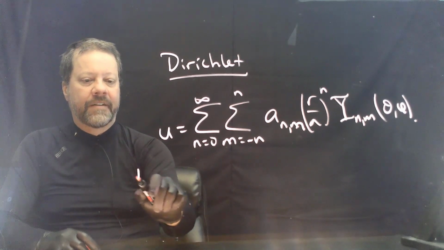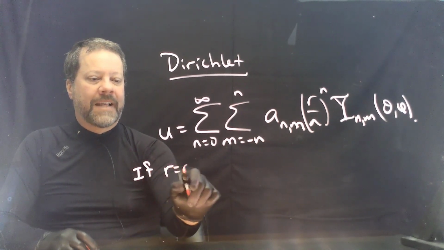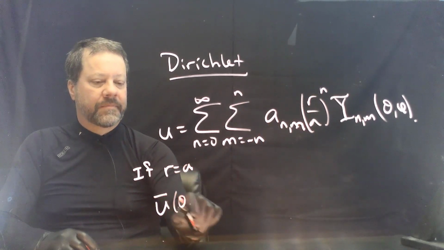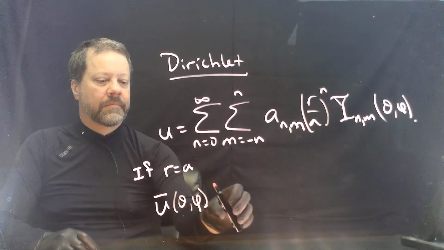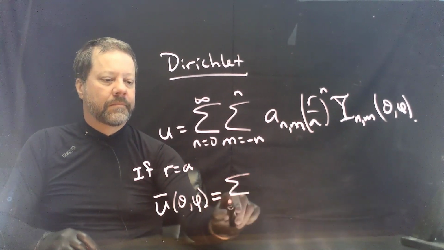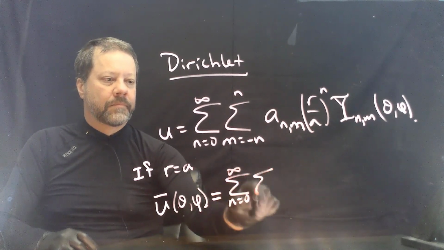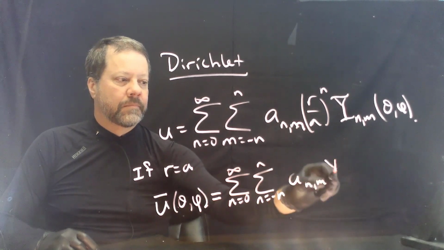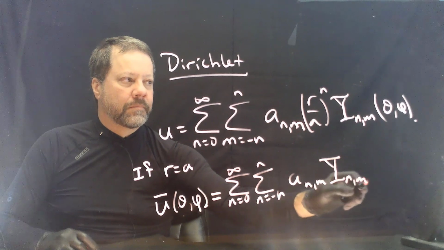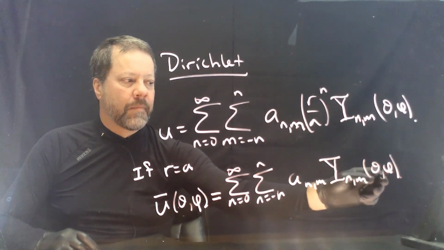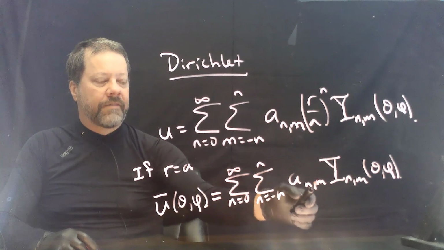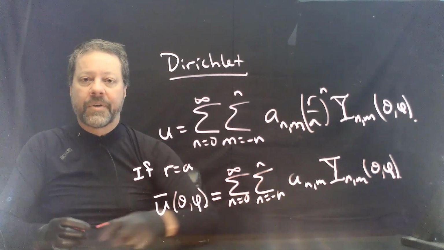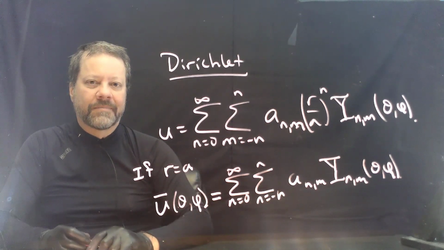We must have, if r equals a, so this will be a 1, we'll get the boundary data. And we can pick these off by simply taking the inner product on both sides with respect to the spherical harmonics, remembering to use the complex conjugate when you do the integral.